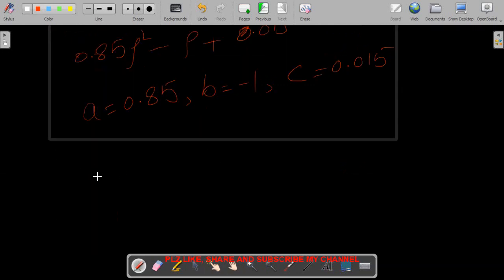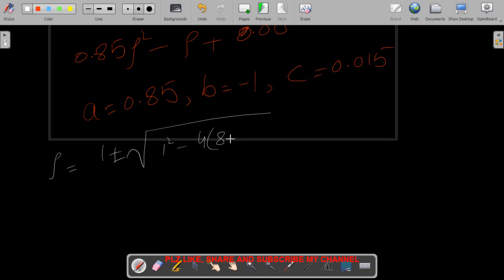Now using the quadratic equation, my rho value will be 1 plus minus square root of 1 square minus 4AC.